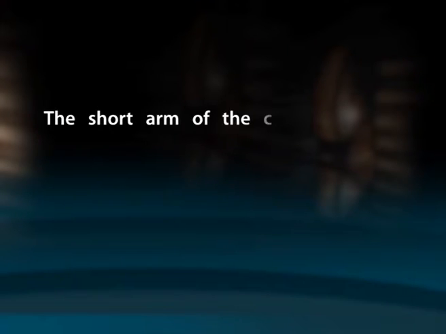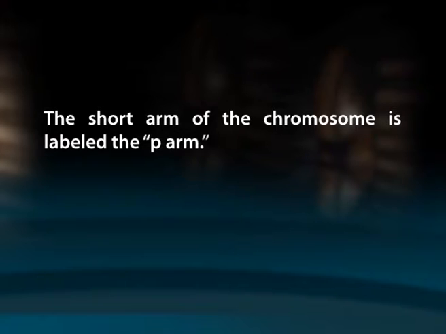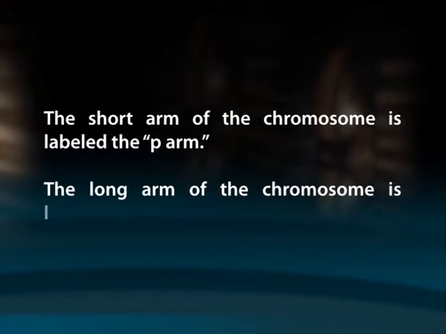The short arm of the chromosome is labeled the P arm, the long arm of the chromosome is labeled the Q arm. The location of the centromere on each chromosome gives the chromosome its characteristic shape and can be used to help describe the location of specific genes.